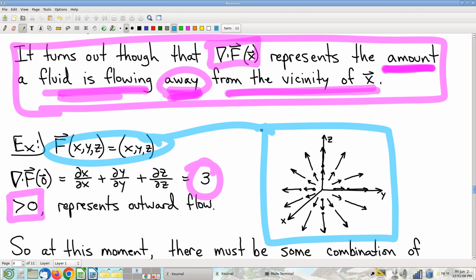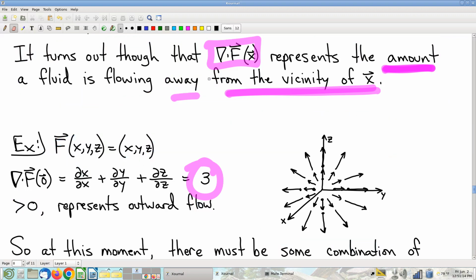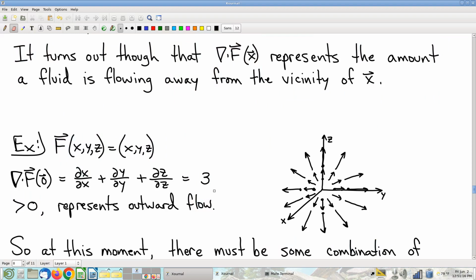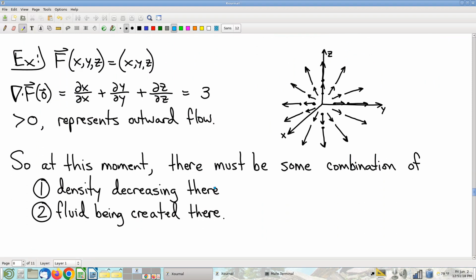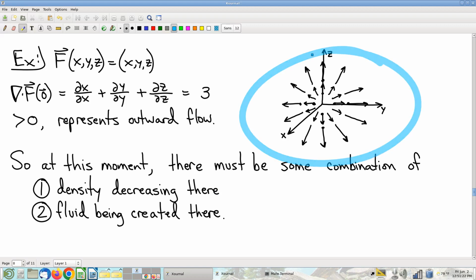Okay. So positive divergence, outward flow. All right. Now I want to address a somewhat physicsy kind of question, but this is just for intuition purposes, and that is, what does that mean physically? This is what my vector field looks like. The divergence is positive. So what's the fluid doing? What does that mean about the fluid?